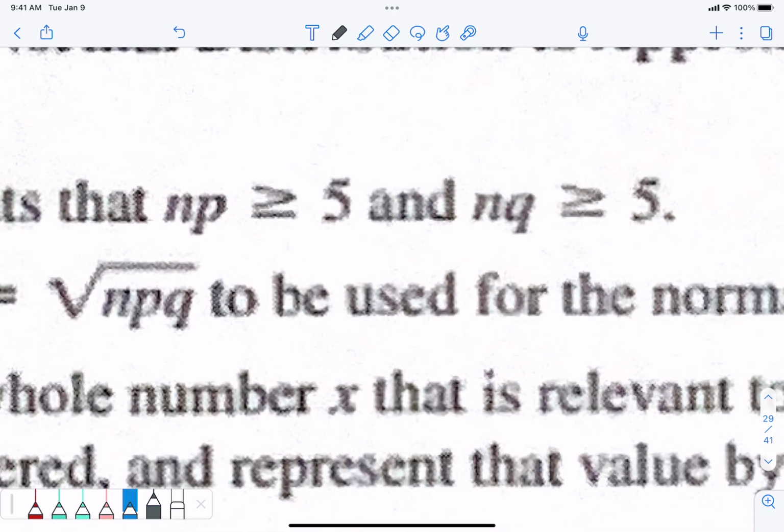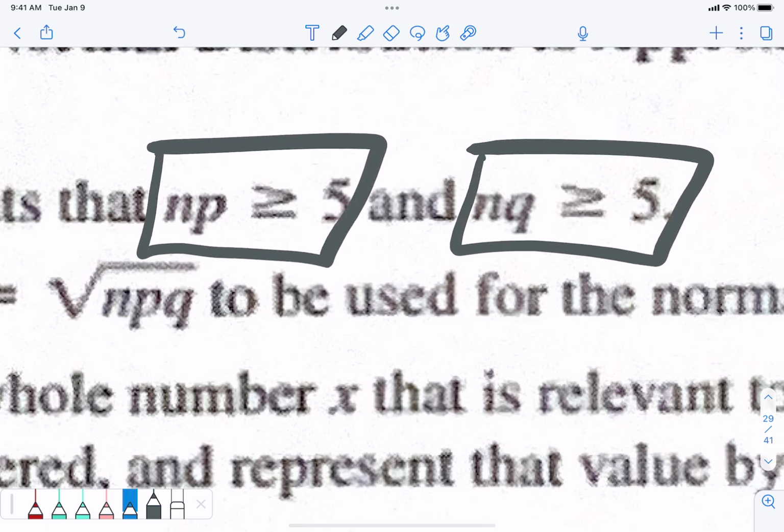I do know for sure that on your homework assignment, you do need to check these rules. There are like 1 or 2 problems where, if you take n times p, which is finding the average, if your mu is not greater than 5, or n times q is not greater than 5, then you cannot do this problem.